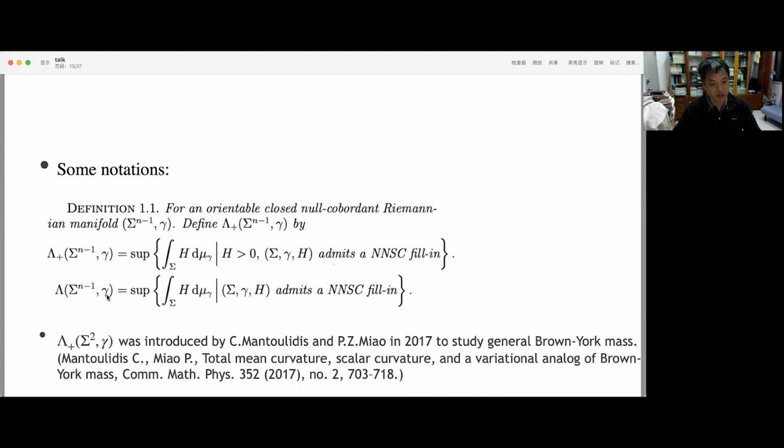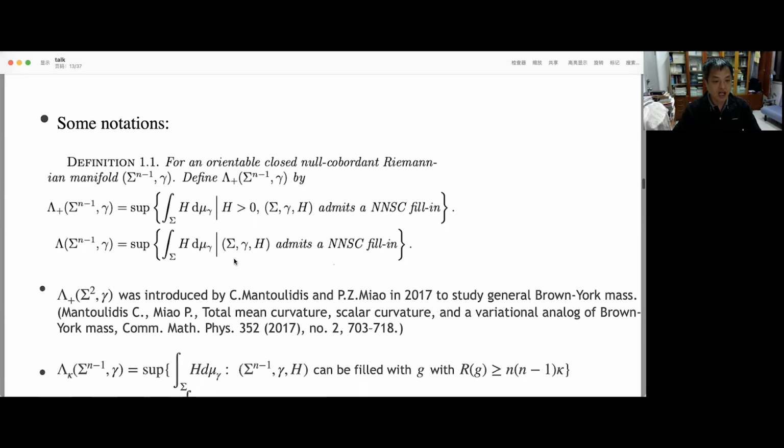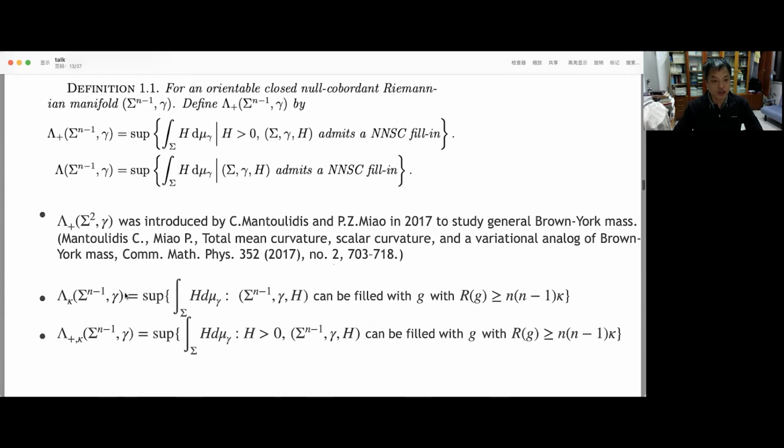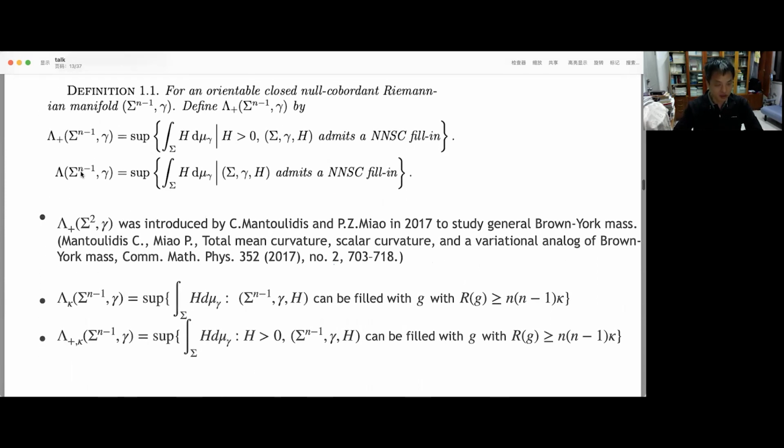Now, in this definition, there is no requirement of positivity of mean curvature. And actually, for n equal to 3, this quantity was introduced by Mantoulidis and P. Liu five years ago. They used this to study the generalized Brown-York mass. Of course, it is easy to generalize these quantities by this.